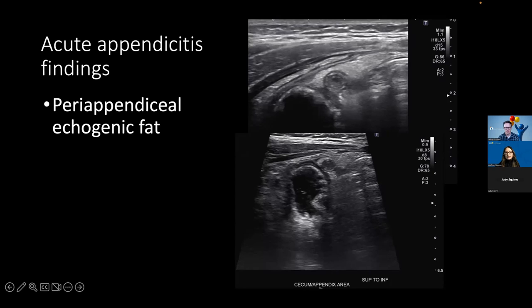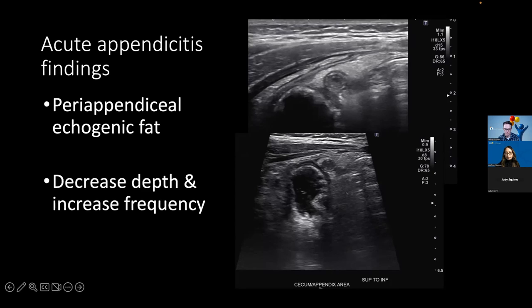Here is the exact same patient, exact same time frame, and the exact same probe. However, the biggest difference is that for the bottom one, there's increased depth and decreased frequency, and so it makes the fat surrounding the appendix less echogenic or conspicuous. If you're not looking for it, you might easily miss that.